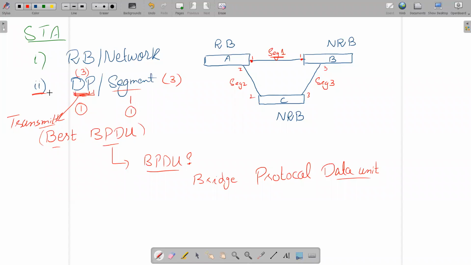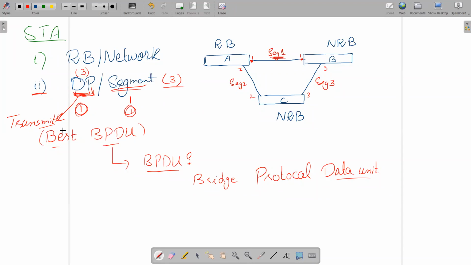So the second step is we need to figure out the designated ports per segment, and I have 3 segments. That means in each segment there would be 1 DP. And now the question is, what is a DP? Who is the designated port?